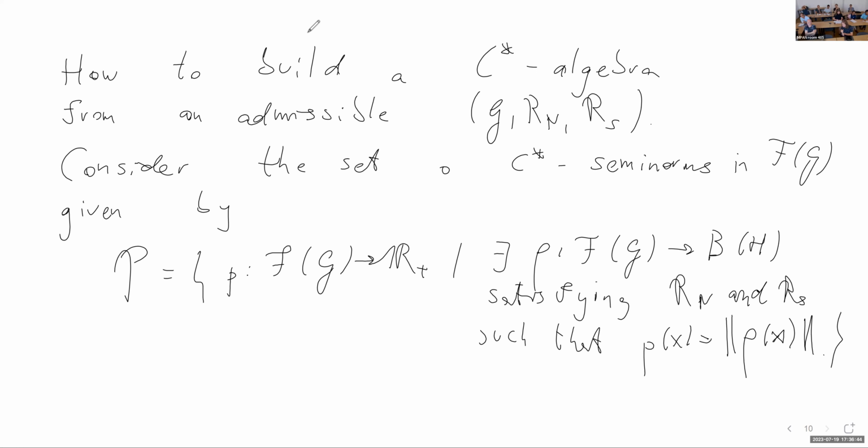So whenever you have a representation of the star algebra, the norm of the operator when we represent it is going to give a C-star seminorm on this free star algebra. And the idea is that we want to define a C-star seminorm on this free star algebra by taking the supremum over the set P. Of course we need to show that this is bounded.